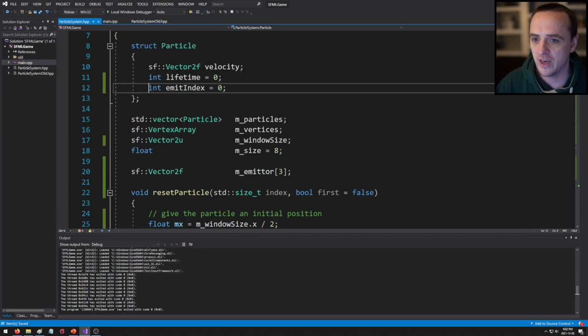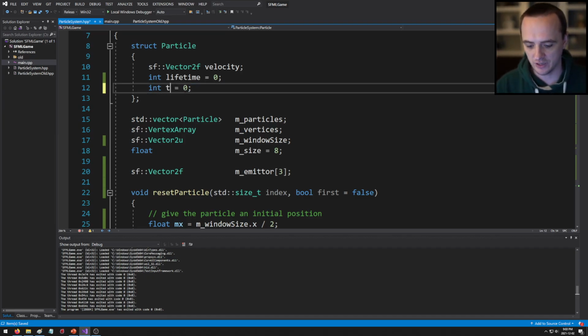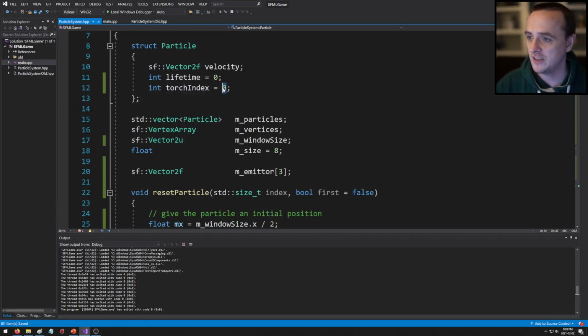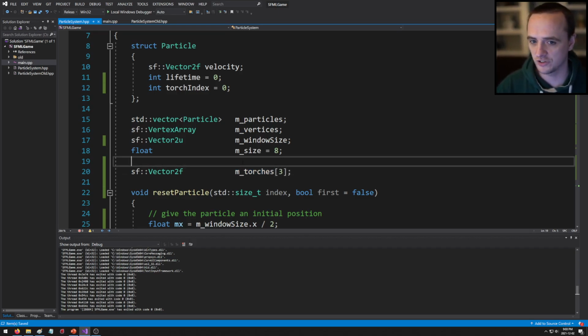So maybe you have 3 different or 4 different or 1,000 different emitters in your level. Let's say, for example, you have a level with a bunch of different torches in it and you want sparks coming off of the torches. Here, you could have a torch index, right? So this is the index of the torch, which is the location of the torches down here.